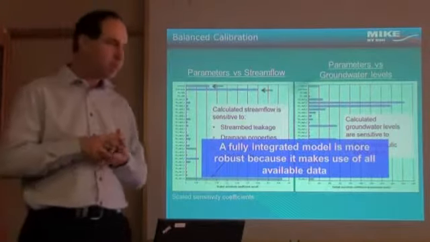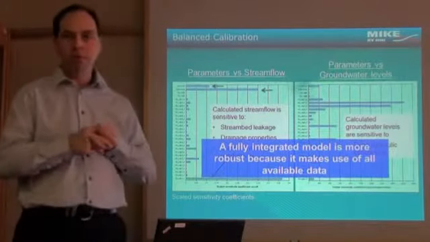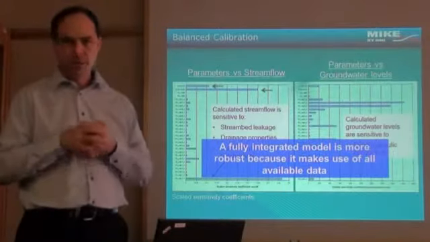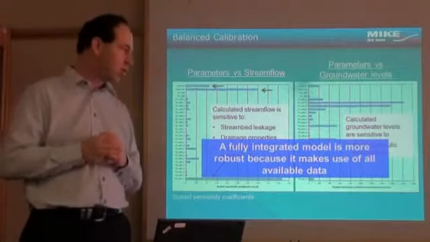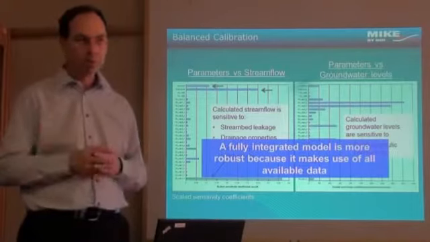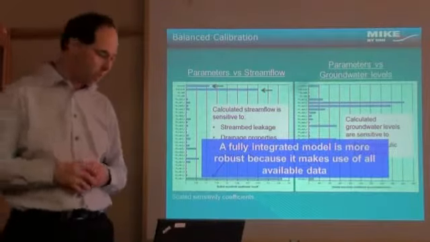And then when it fits together like that, you end up with a more robust model because the model is glued together in a way that has to work in order for it to properly calibrate and actually give you good results.